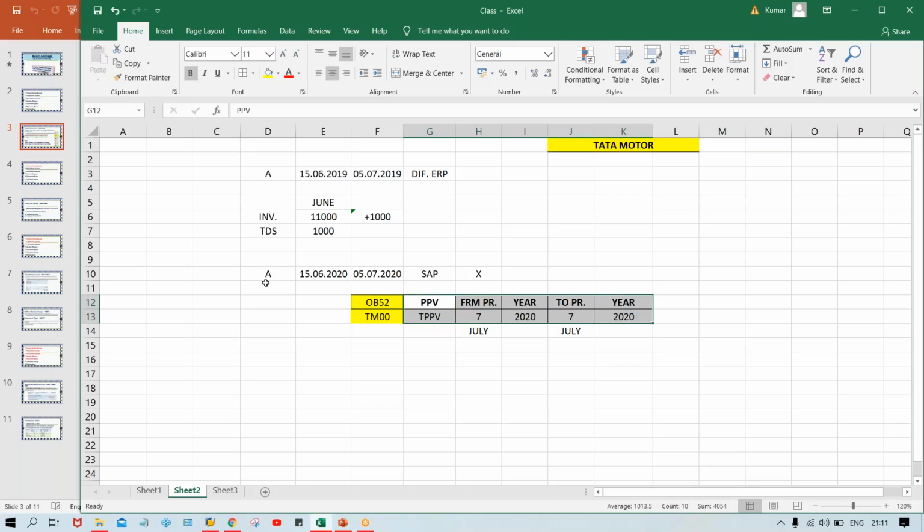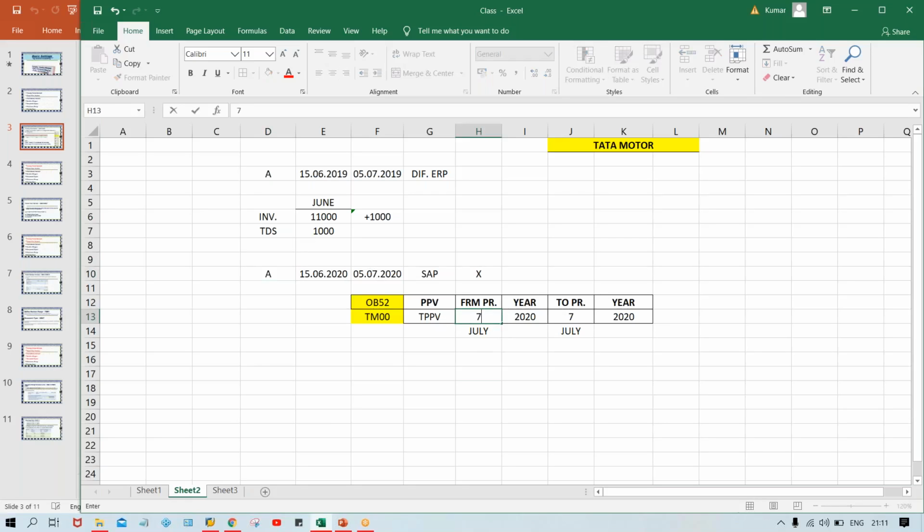Okay, so now this A must approach the manager, whoever is having authorization, and must accept the mistake, that yes, I have made the mistake, right? And then only the manager or TL, whoever is there, is going to open the previous period, right? And we'll say that you just post the transactions quickly and let me know.